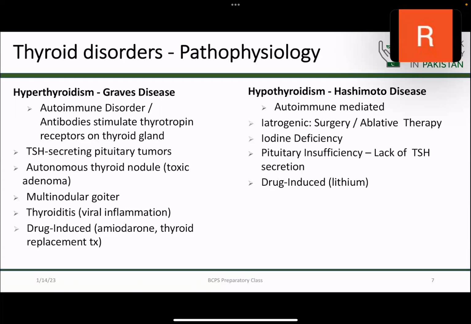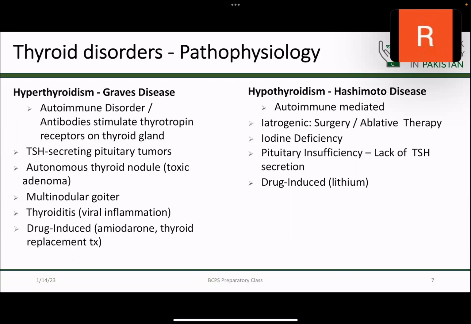So Graves' disease is not the only hyperthyroid state. We have other diseases of the thyroid as well. For example, there may be thyroid stimulating hormone secretory tumors of the pituitary. That means the pituitary is secreting, due to the tumor, a lot of thyroid stimulating hormone, and that will definitely affect thyroid gland to increase the secretion of T3 and T4.